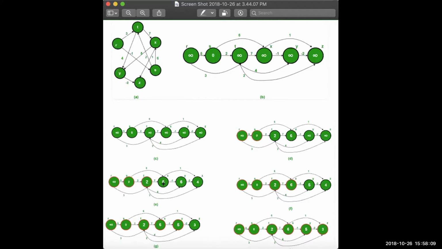X's current distance was 6. 6 plus 5 is going to be 11, which is greater than 6. So we don't look at that right now. And we then look at the other outgoing edge from X, which is to Z, and the distance here says 1. So 6 plus 1 is 7. And this should be 7 in this image. So I think there seems to be an error in this image, but this should be 7.